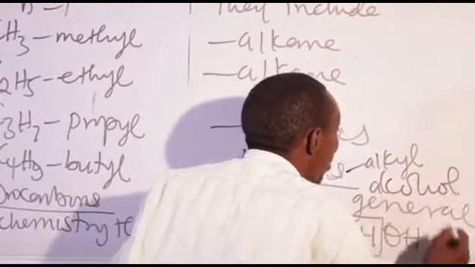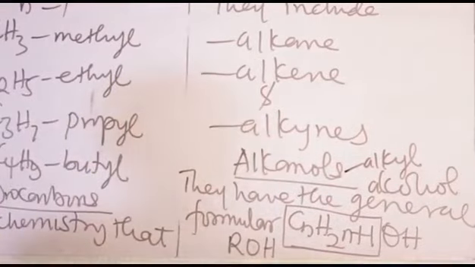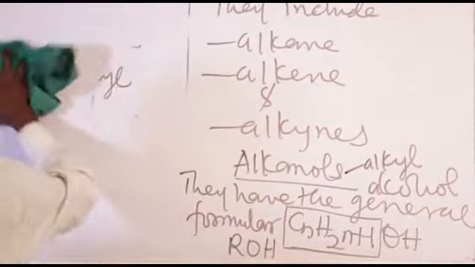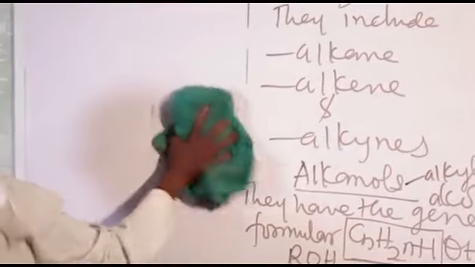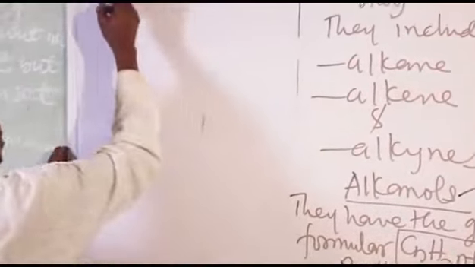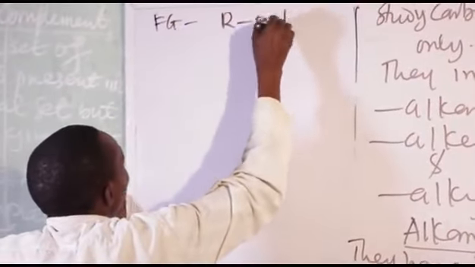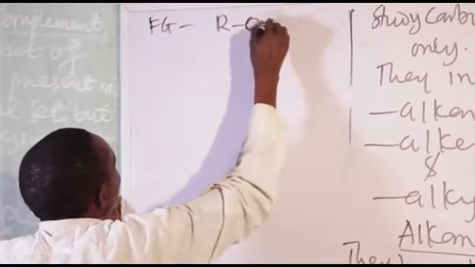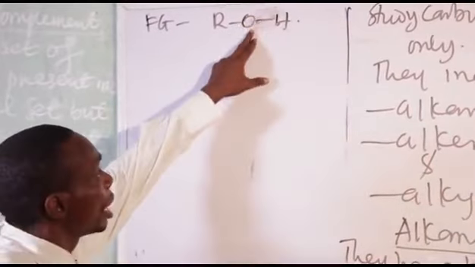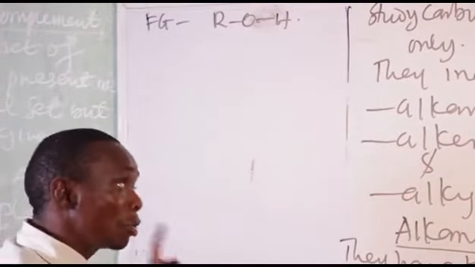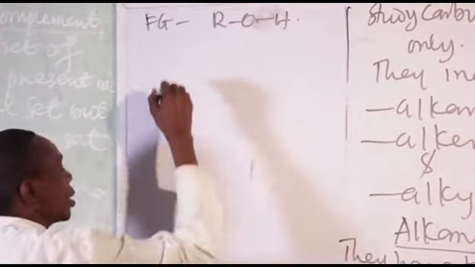It is the hydroxyl OH that is functional in alkanols. So their functional group is ROH. Don't forget, ROH.